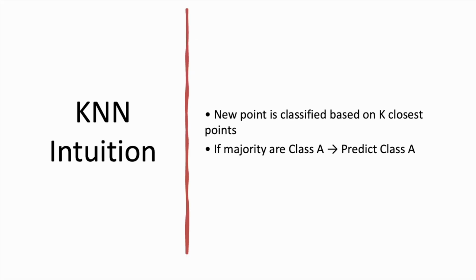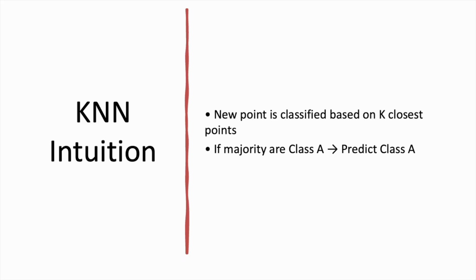Let's start with basic intuition. Imagine a 2D graph where we have two types of points, red and blue points. These represent two different classes in our data set. अब suppose एक नया point आता है and we don't know whether it belongs to the red class or the blue class. So KNN says, look at the k nearest points around this new data.